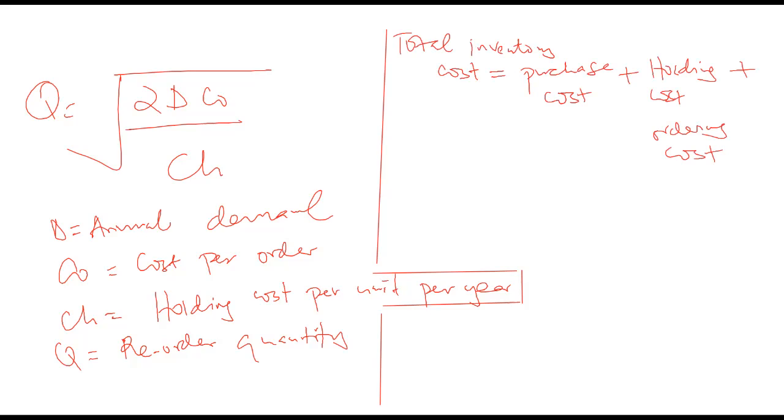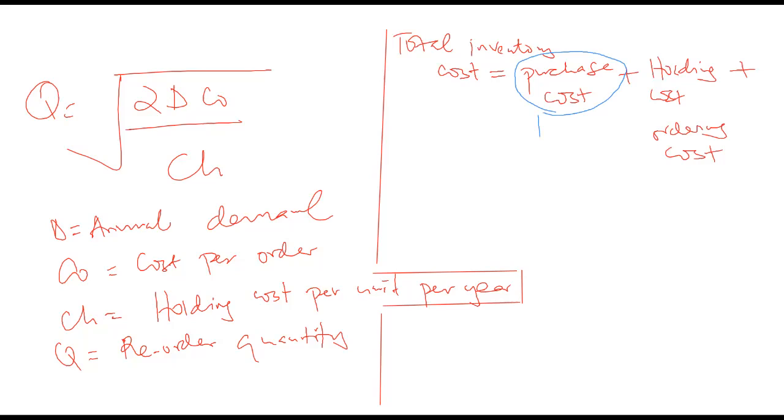Those are the three components of total inventory cost. However, since we are receiving no discounts from the supplier, the purchase cost remains constant throughout the year. It does not matter, therefore it becomes an irrelevant cost.